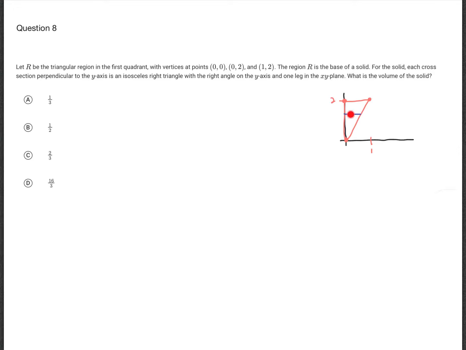So they're saying one leg will be in the xy plane, the other leg will be along the y-axis, or wait, the right angle is on the y-axis, and then the legs in the plane. So these will kind of come out this way, kind of draw it off to the side so we can see it.